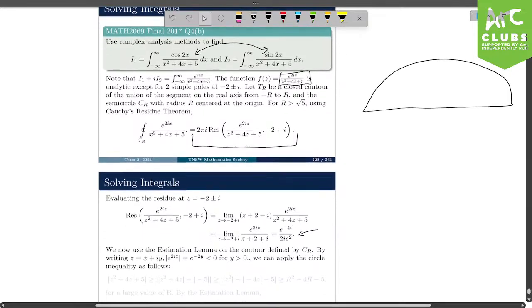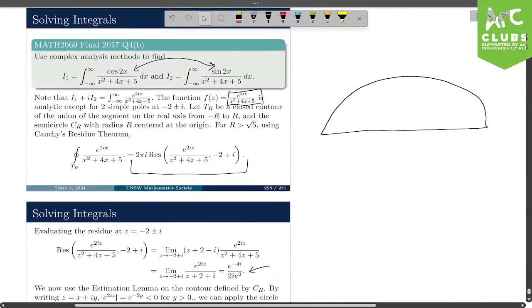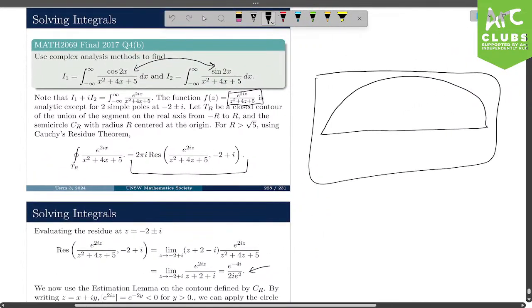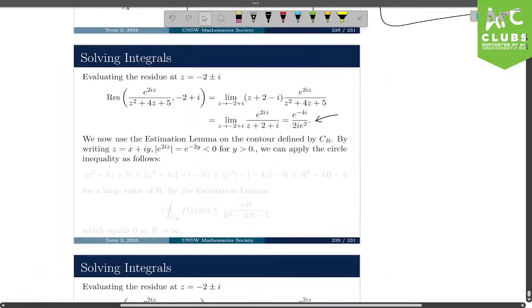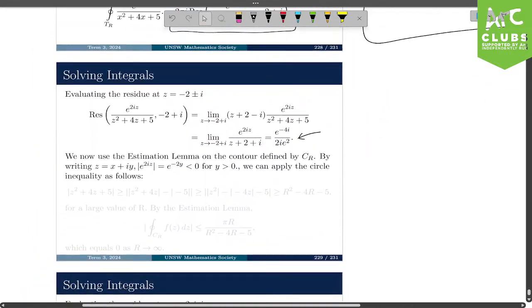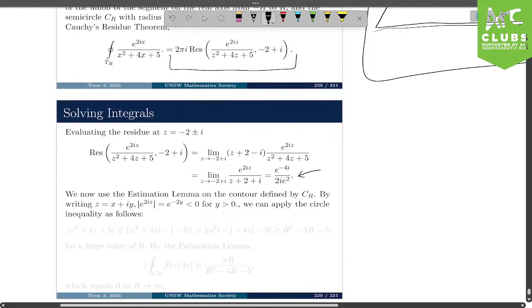And so we've shown that this integral on this semicircle, as it expands to infinity, or of whatever size, is going to be equal to this residue.